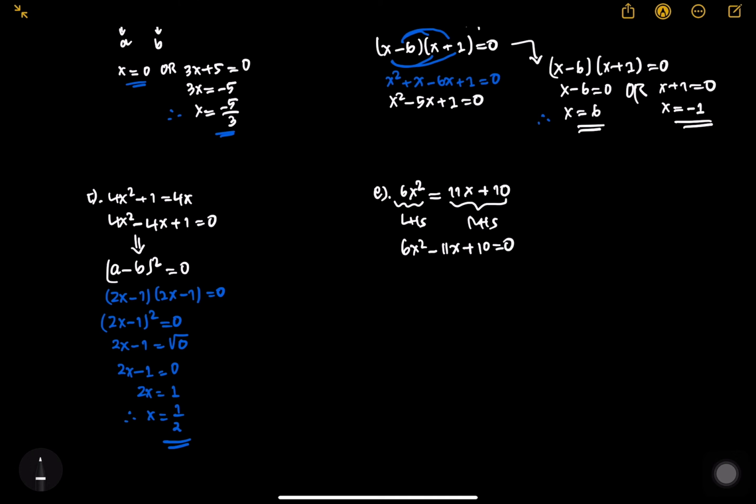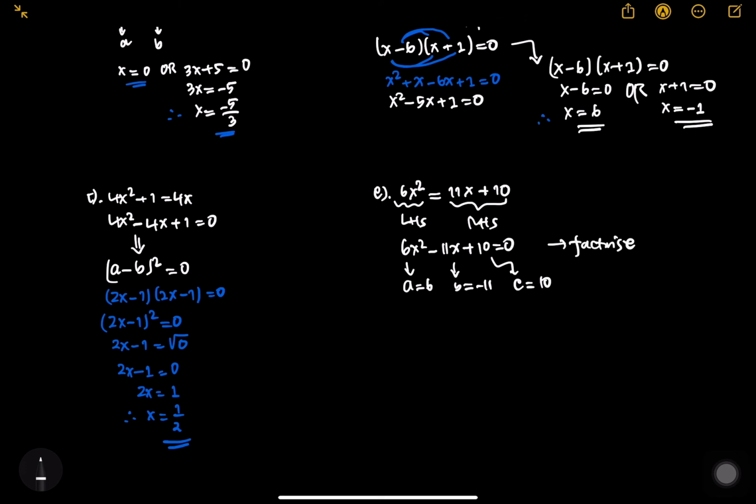So then we can factorize it directly, as the value of a is 6, b is negative 11, c equals 10. So you have to factorize it. Now you can go to the next step. You factorize.